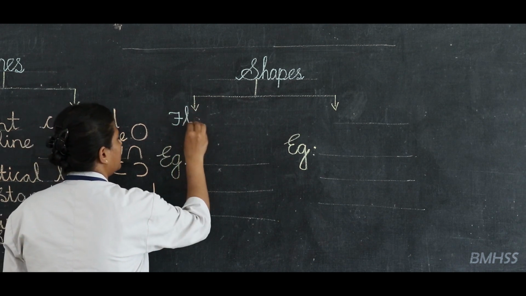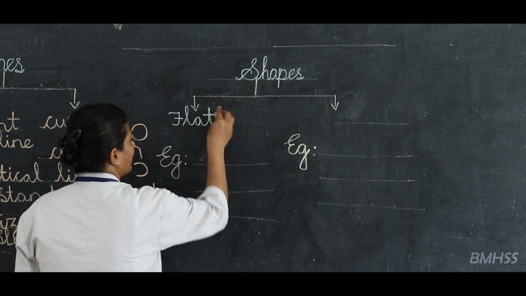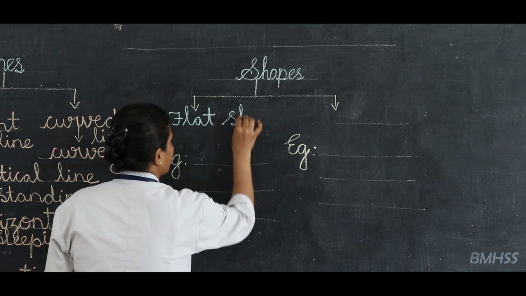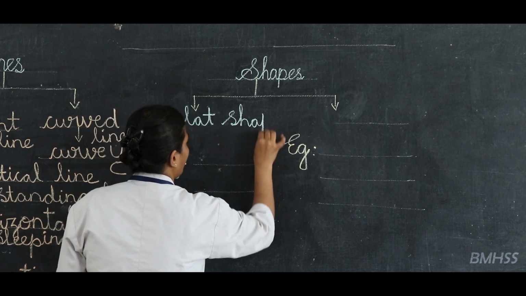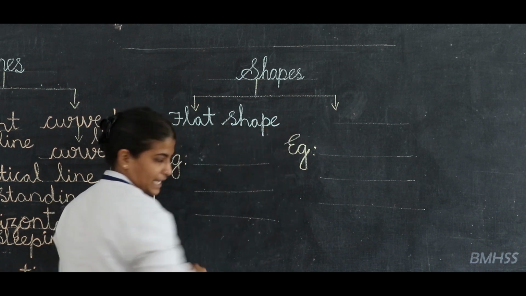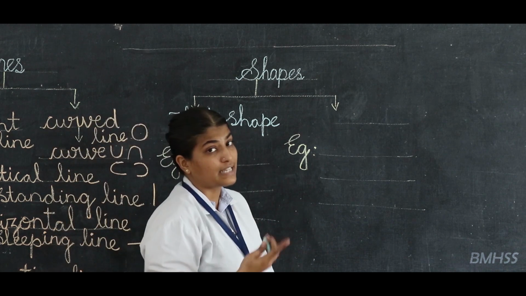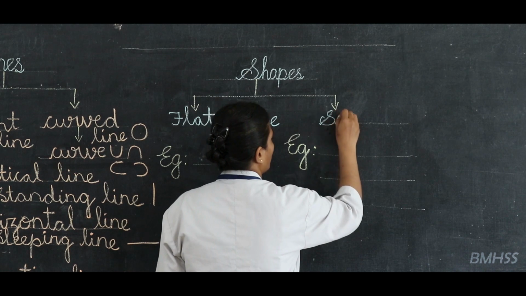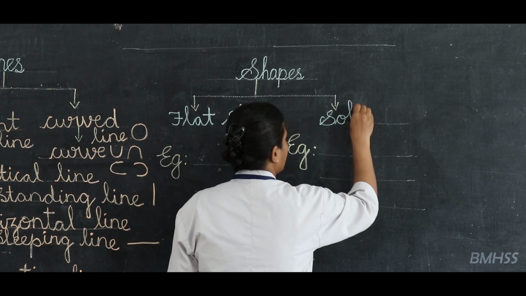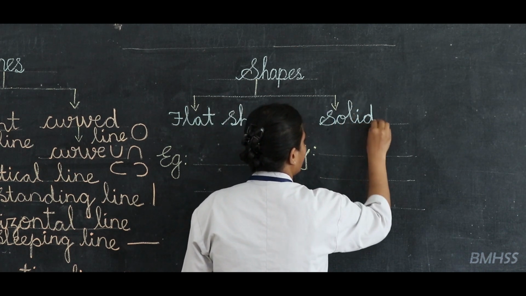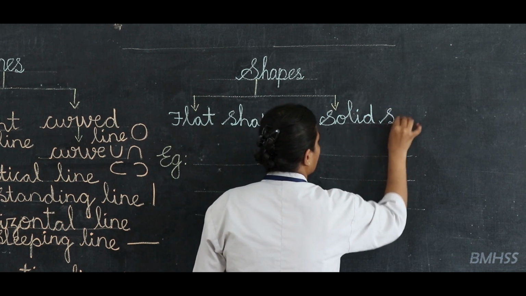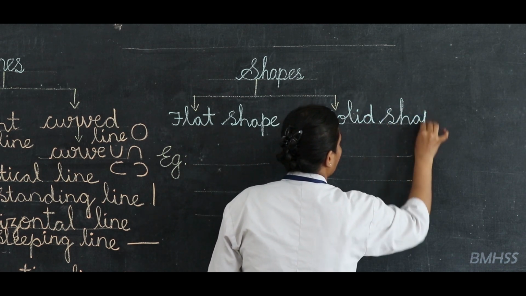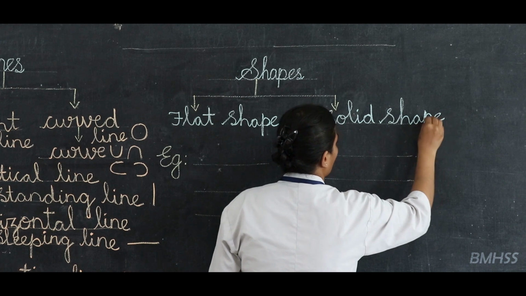F, L, A, T, flat shape. S, H, A, P, E, flat shape. The next type is solid shape. S, O, L, I, D, solid shapes. S, H, A, P, E, solid shape.